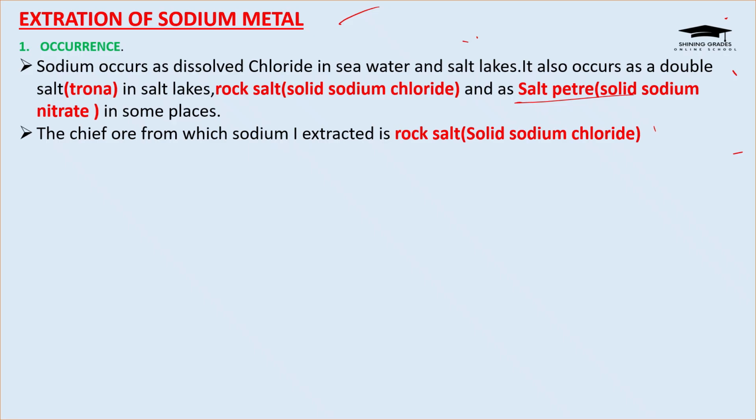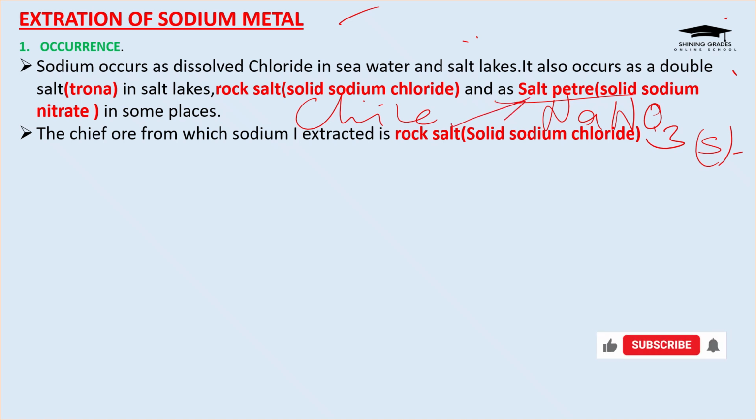Saltpeter is solid sodium nitrate, and is commonly found in Chile. And that's the reason you'll find sometimes we call it Chile saltpeter.